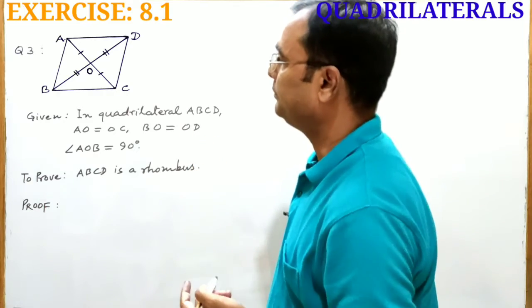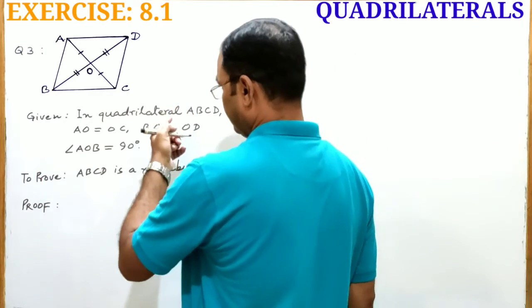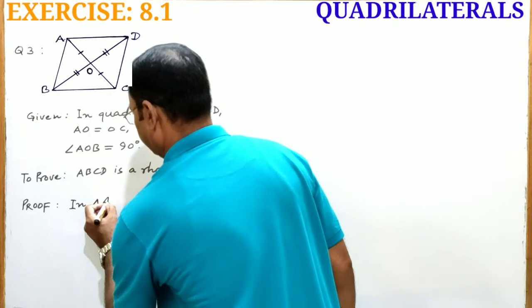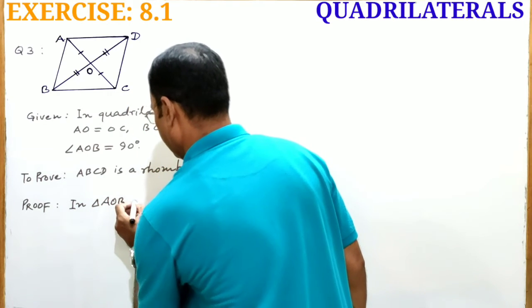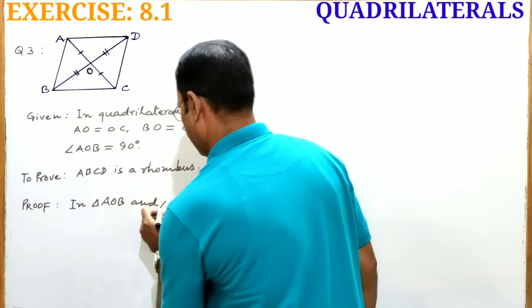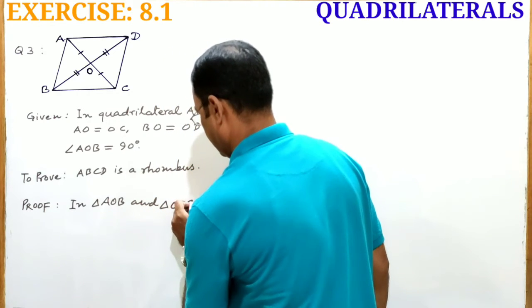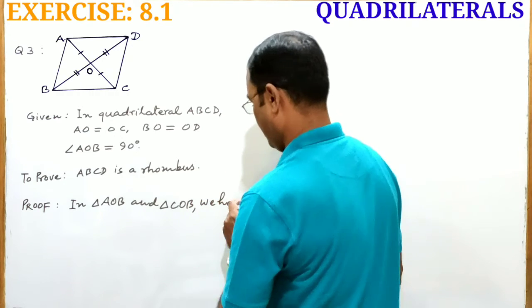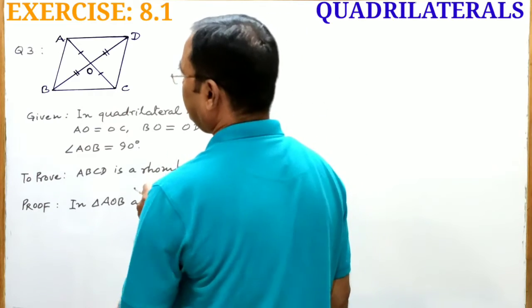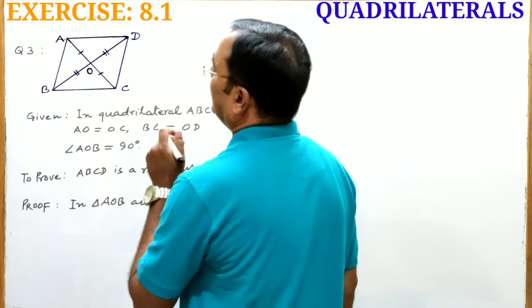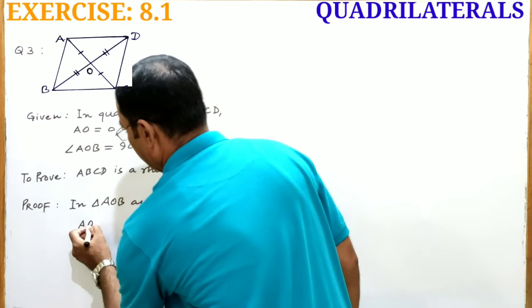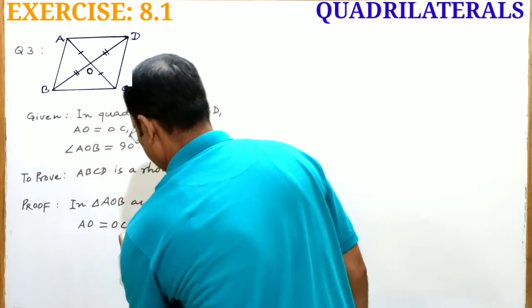In triangle AOB and COB, in triangle AOB and triangle COB, we have AO equal to OC, AO equal to OC given.